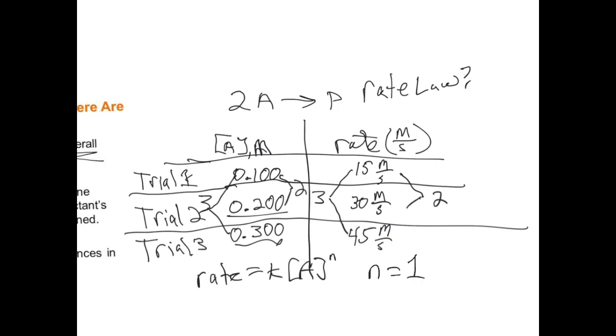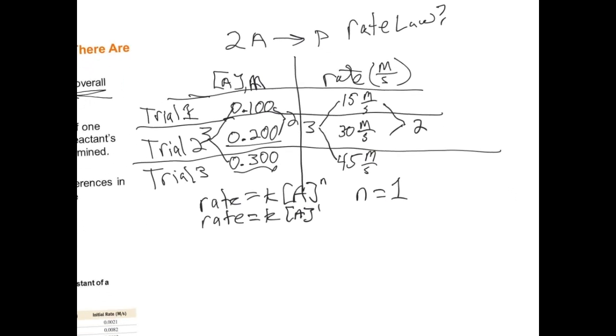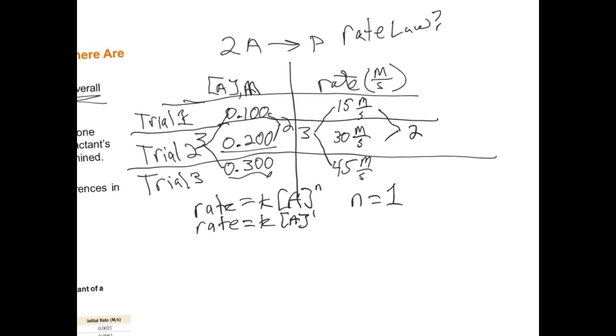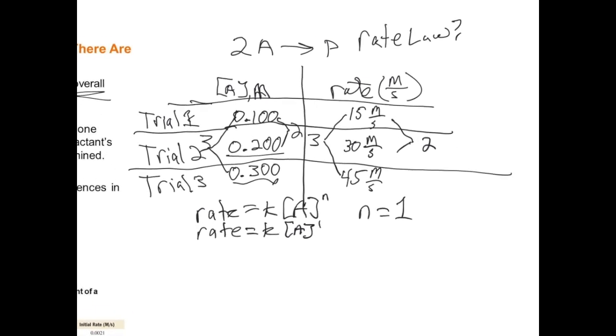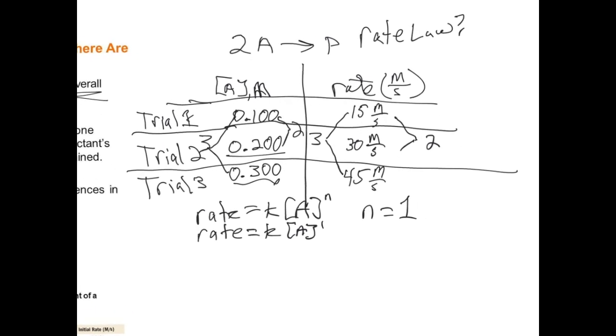So what that means is my full rate law is rate equal to k times the concentration of reactant to the first power. Now, there's one more thing I can do with this.